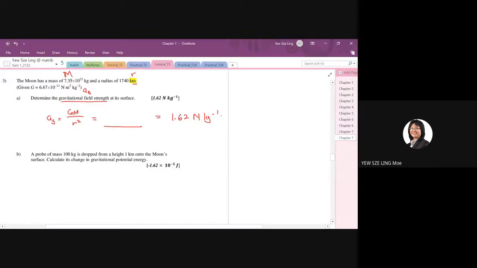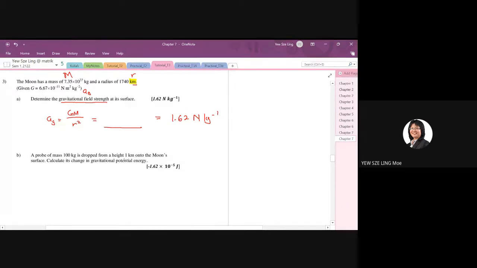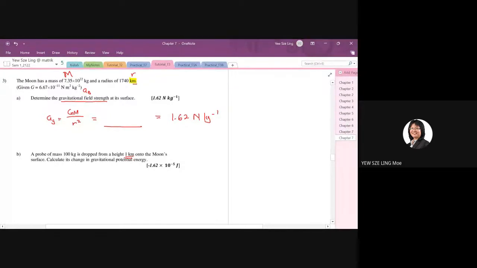Okay, next one is a probe of mass 100 kg dropped from a height of 1 km. You see, the question is the same as the previous question, question number 2, just that they change the object that is dropping and the height. So now a probe of mass 100 kg is dropped from a height of 1 km onto the moon's surface.